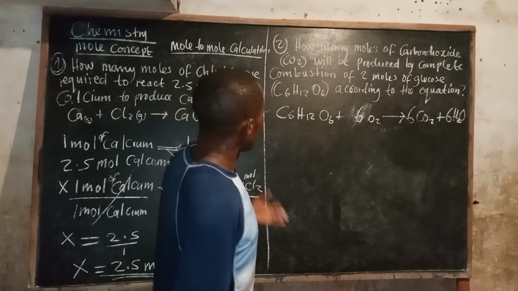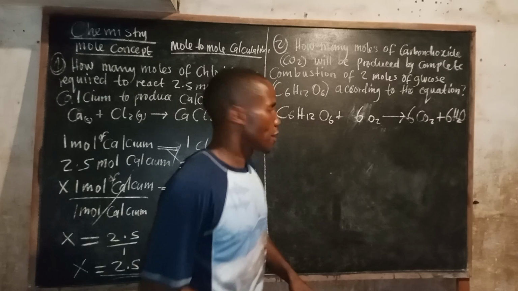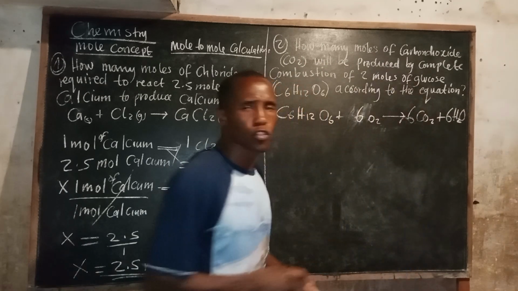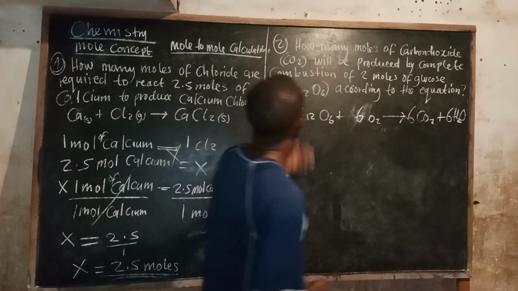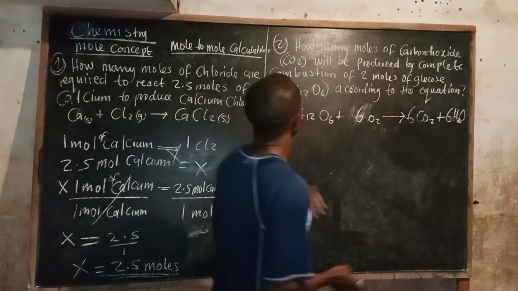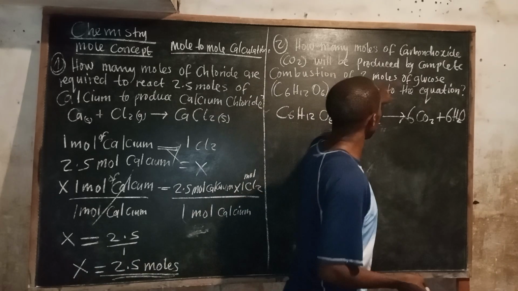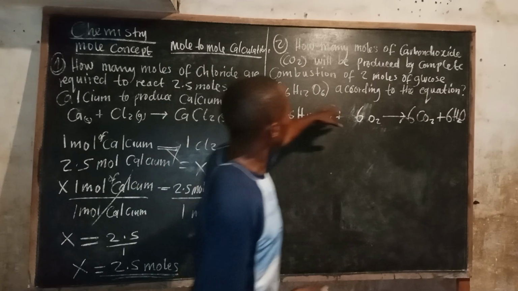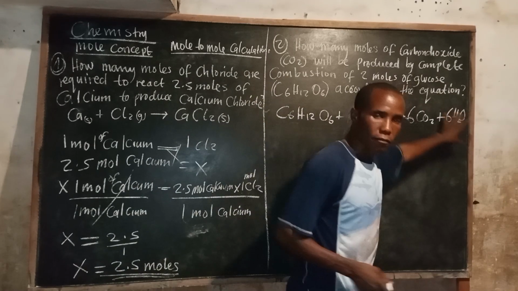Okay. So now, according to the question, they are asking how many moles of carbon dioxide will be produced by complete combustion of 2 moles of glucose, according to the equation that we have.